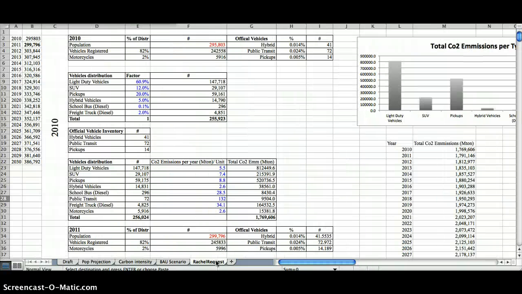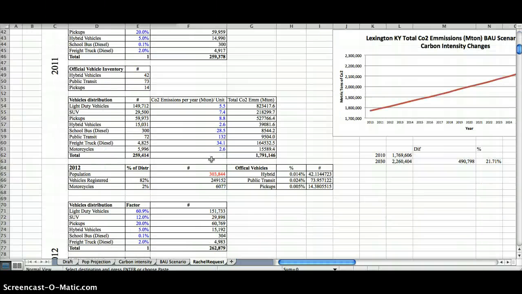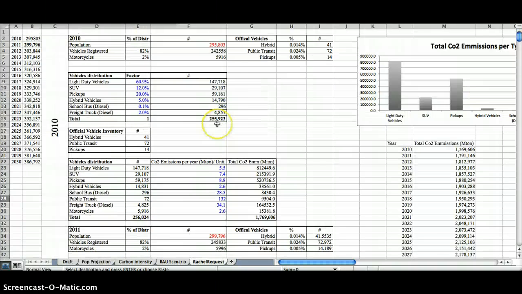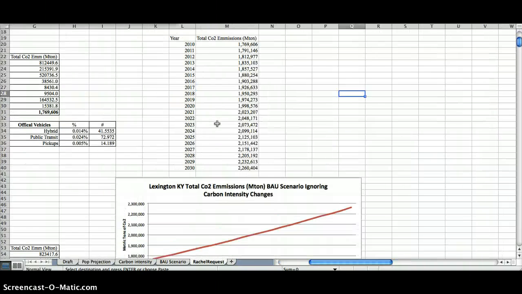So when we make that assumption, we keep the same distribution of vehicles, but these values never change through each one of the years we are going to study. So I let the same values for each year. So doing this, we are going to obtain this.